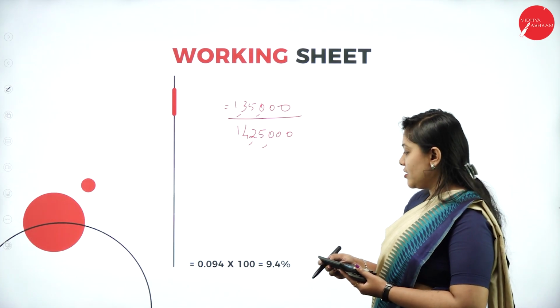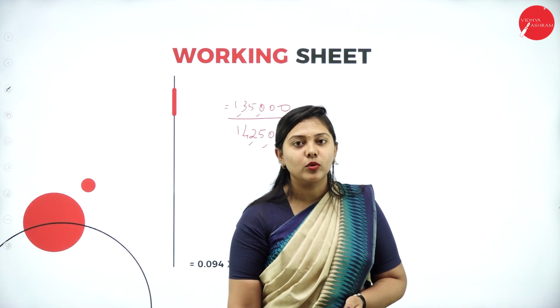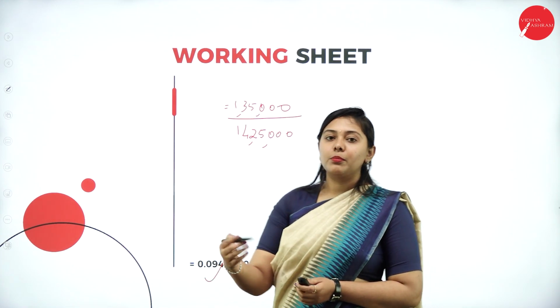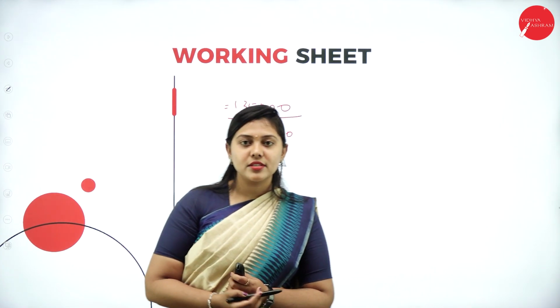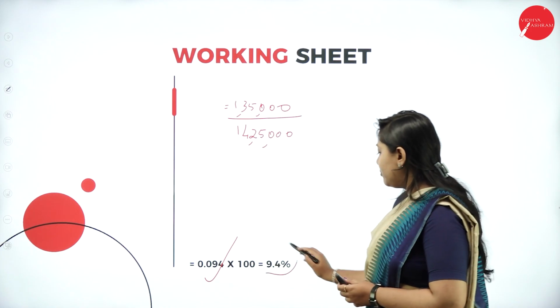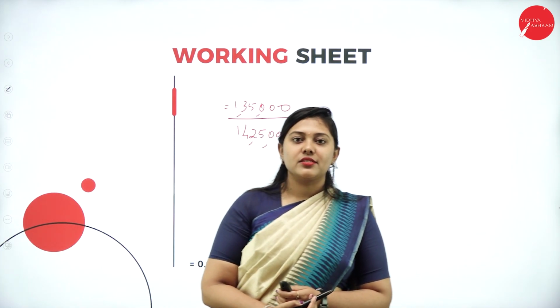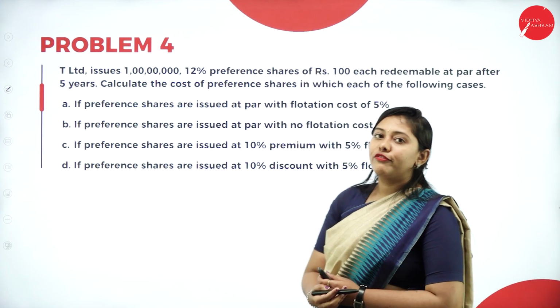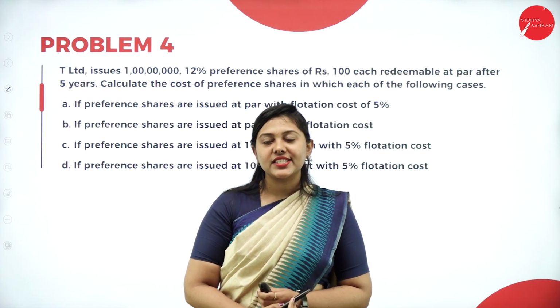The value you get is 0.0947. If you just multiply with 100 to check the percentage, it will be 9.4%. Problem number 4 and the last problem for today's class.